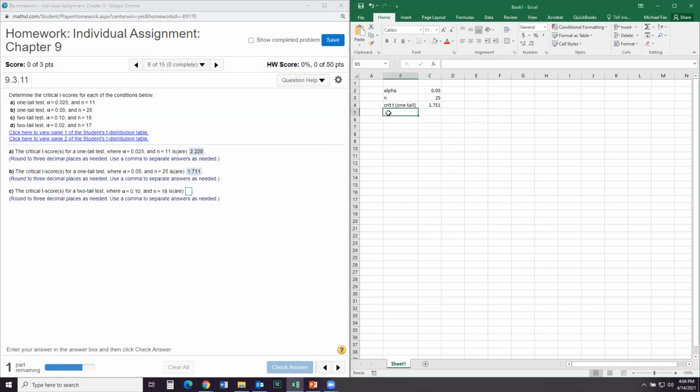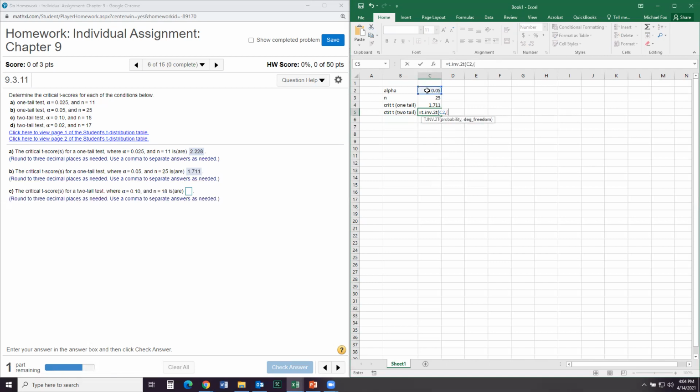So when we need to do a two-tailed test, we got a couple things going on here. First of all, since it's two tails, one will be negative and one will be positive. And we can use the formula equals t.inv.2t for two-tailed. Again, for the probability, we'll use the alpha.